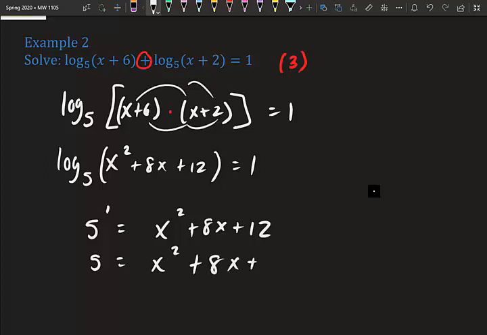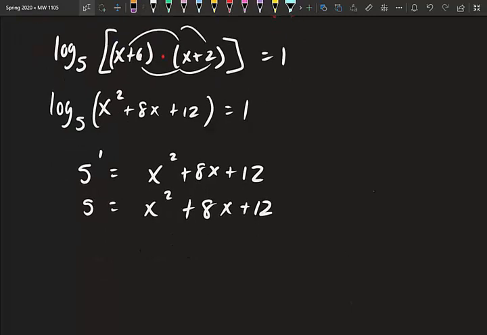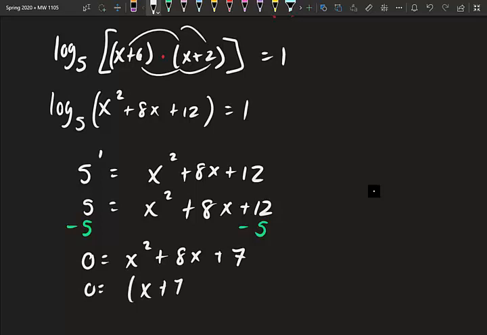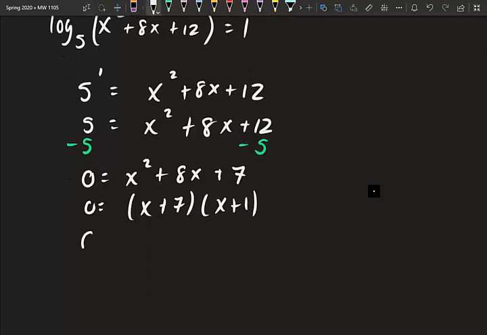And since we have a quadratic, we want this to equal 0. So we're going to subtract 5 from both sides. And when we do, we have 0 equals x squared plus 8x plus 7. Now we factor. So we get (x plus 7)(x plus 1). We set each factor equal to 0.